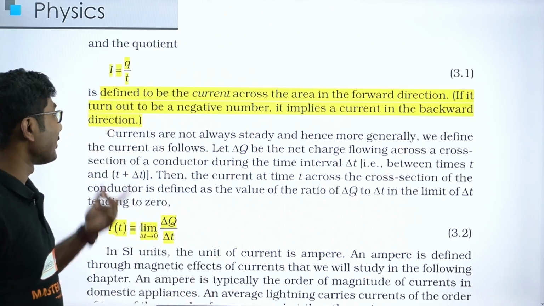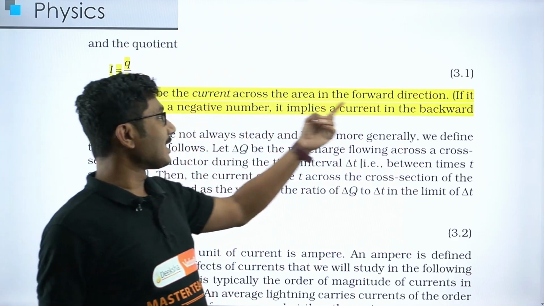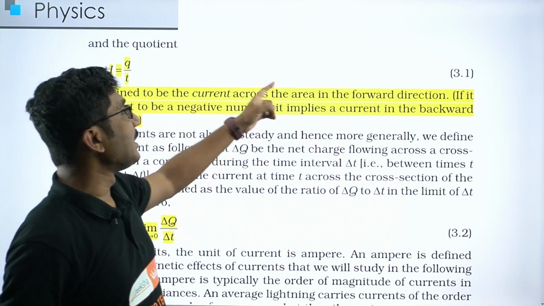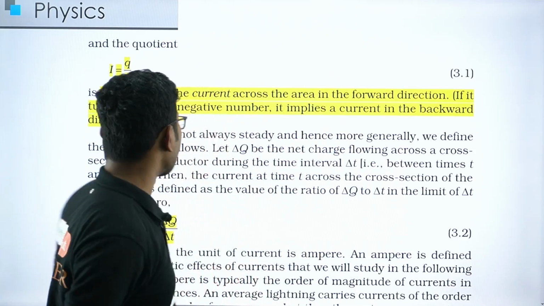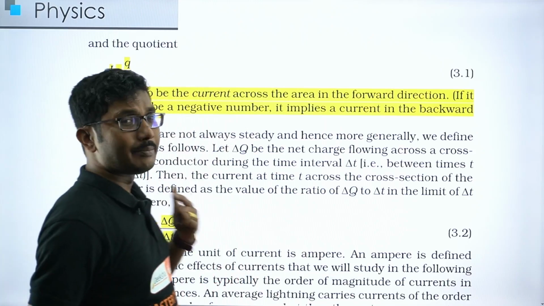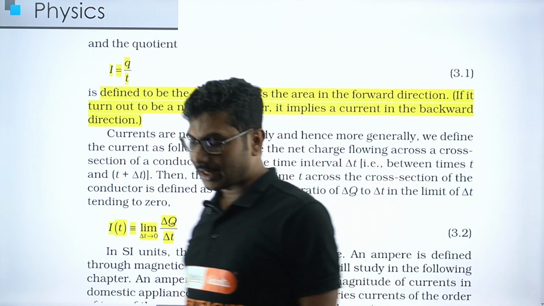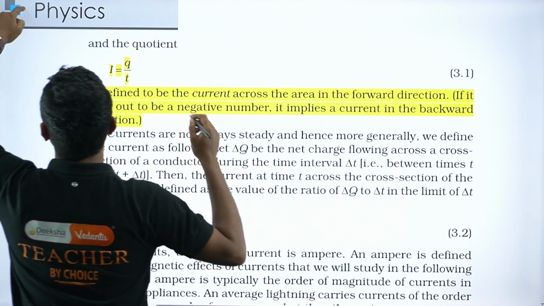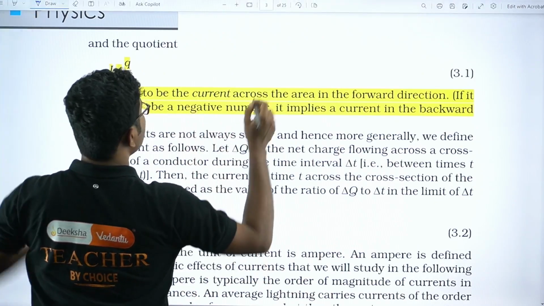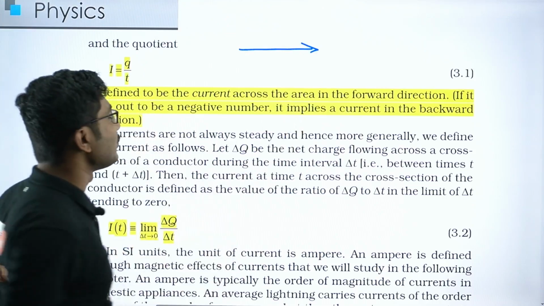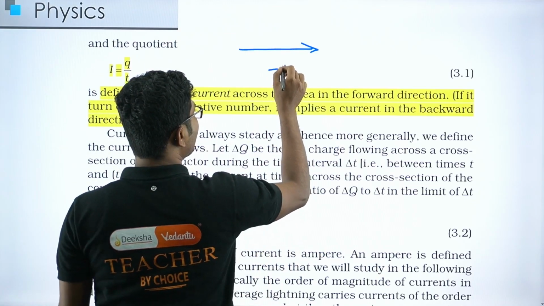Electric current is charge per unit time, defined as charge across the area in the forward direction. If it turns out to be a negative number, it implies that the current is in the backward direction. So this is very important. Suppose you assume that current is flowing in this direction, and after all the calculations you found that current turns out to be negative.